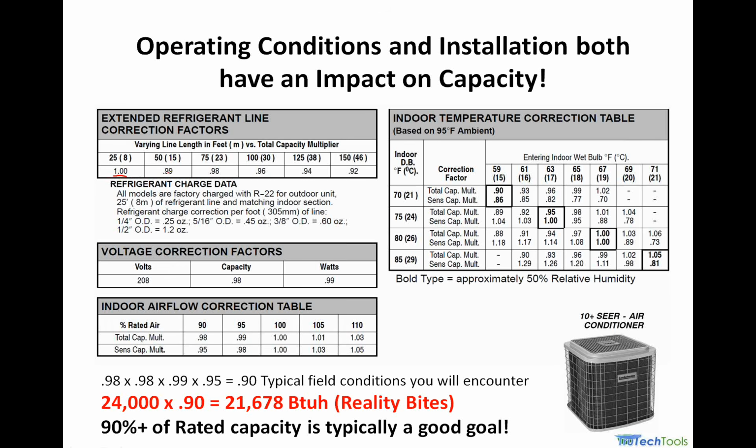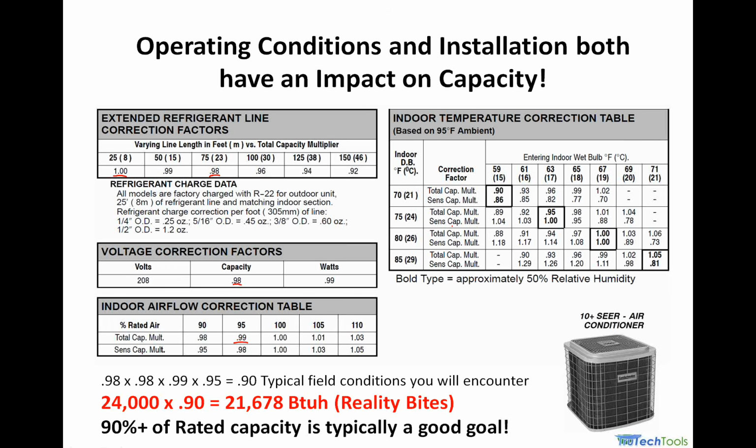If we got up to a 75-foot line set, well, it's going to drop 2% of its capacity. It's going to operate at 98% of its capacity. If the system were installed on a light commercial job and it had 208 voltage, it's going to lose another 0.98, or another 2% of its capacity, right? If the airflow was at 95% of its rated airflow, well, 0.99, that's a 1% drop.